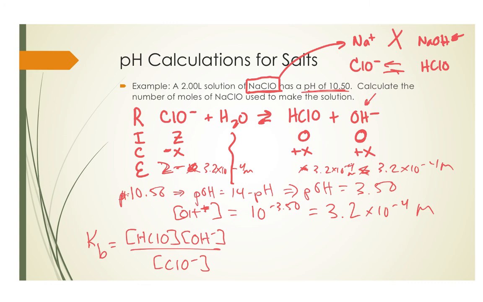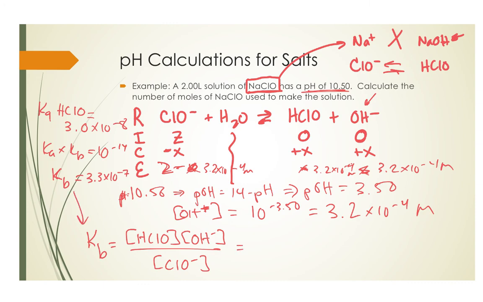However, we don't have that, but we do have the Ka of the conjugate acid, which is HClO, and we know that that is 3.0 times 10 to the negative 8th. Well, we know that Ka times Kb equals 10 to the negative 14th. So if I solve for Kb, that'll give me 3.3 times 10 to the negative 7th, which I can then use down here in my expression.